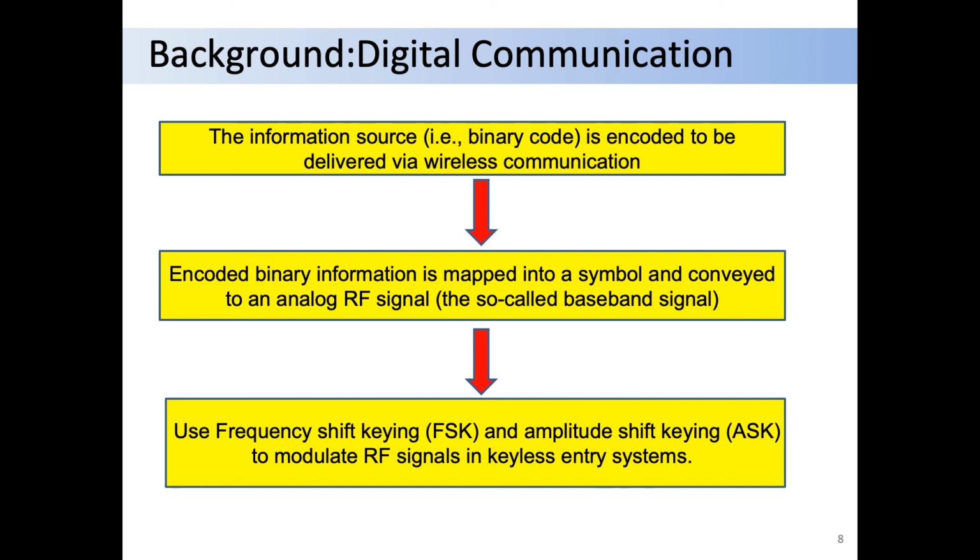Thirdly, we use FSK, frequency shift keying, and ASK, amplitude shift keying, to modulate RF signals in keyless entry systems. The difference between FSK and ASK is that in FSK we manipulate the frequency, which means we add the information to the frequency, and in ASK we add the information to the amplitude of the EM wave.